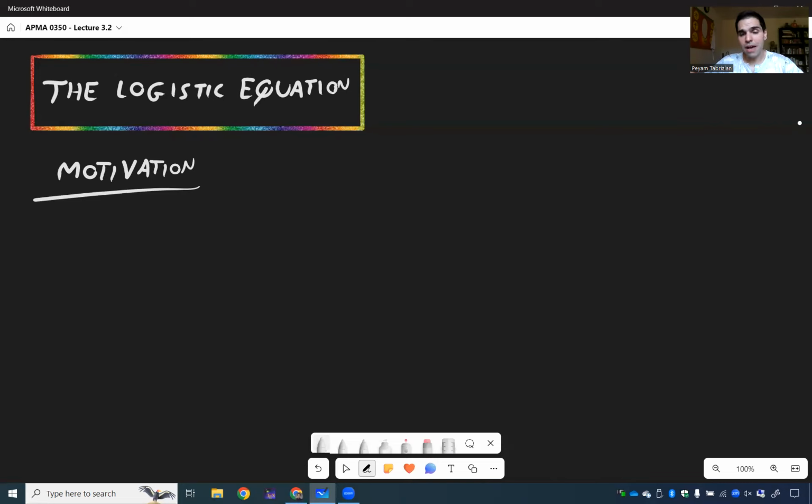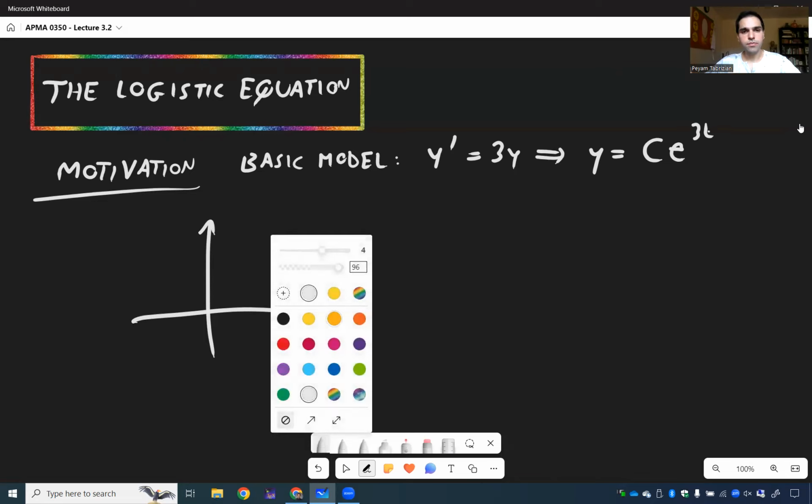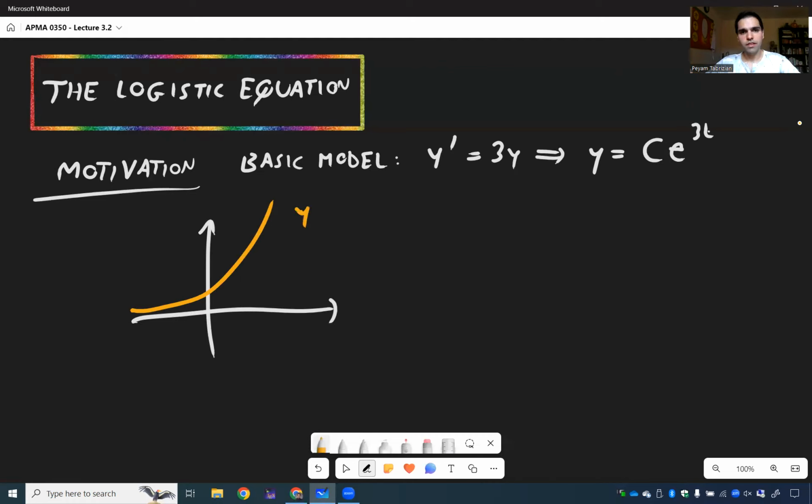If you remember, our basic model for bacteria growth was y prime equals 3y, which essentially says that the bacteria population grows exponentially, y equals Ce to the 3t. So if you start with a positive number of bacteria, then it just explodes like that.